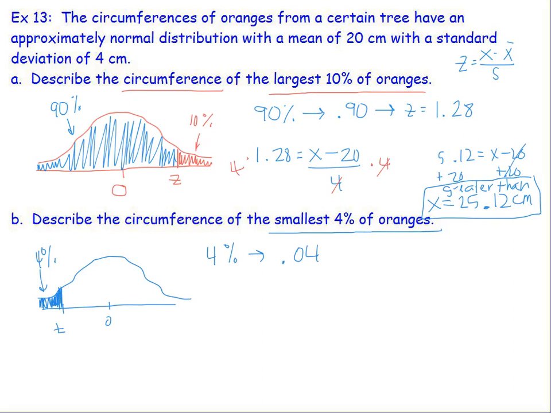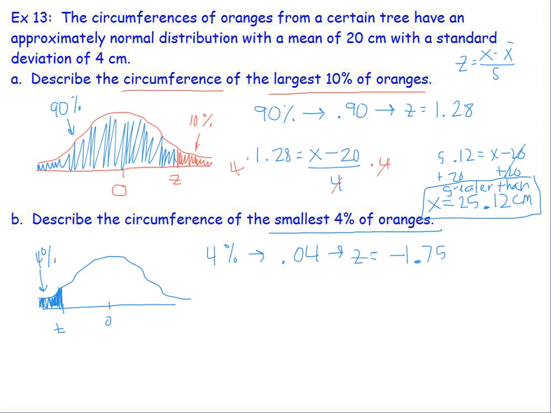And so again, we start looking, and there isn't an exact 0.04, but I do see a 0.0401. Hopefully you see that number. And so if we go to the one side, we get a z-score that starts with negative 1.7. And then if you go up from that 0.0401, it ends in a 5.